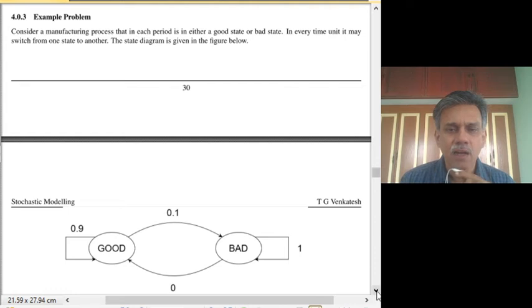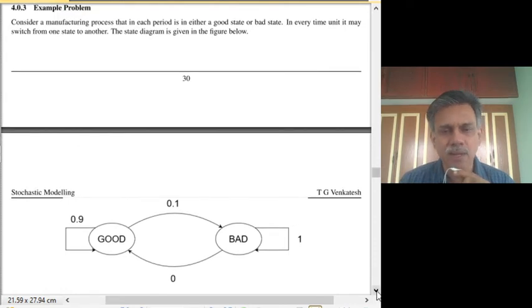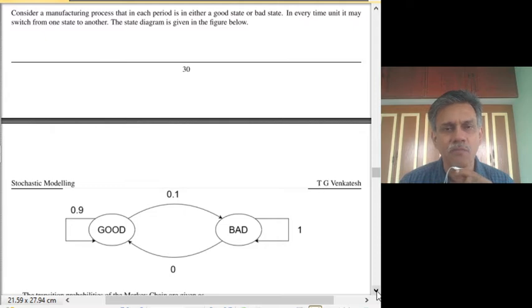And again, through some understanding of the machine, let us say we have come up with a Markov chain model for the behavior of the machine. So the machine can be in two possible states, good or bad. If the machine is observed to be in a good state in a particular step, which is of duration 1 hour, then it will be in the good state in the next hour, when the next item is manufactured, with a probability of 0.9.